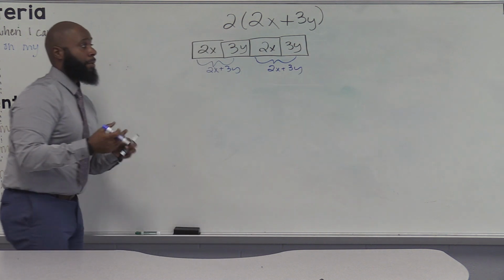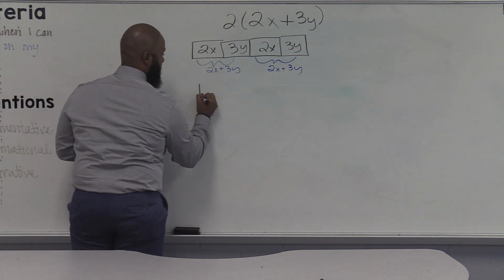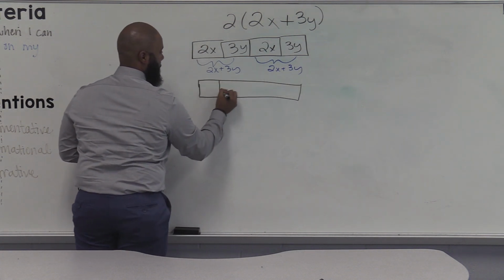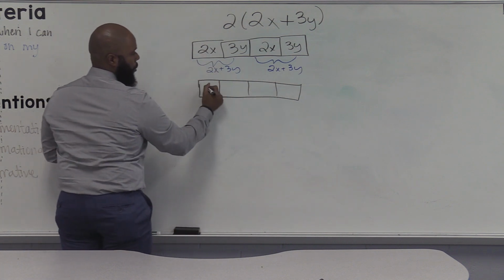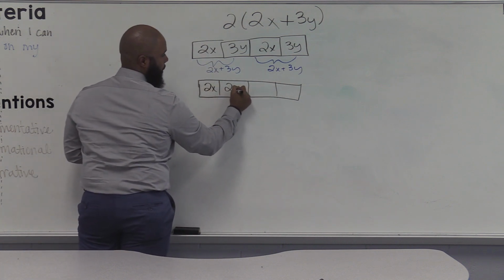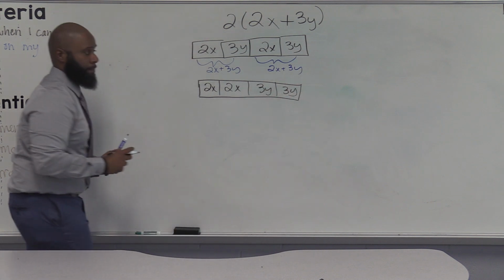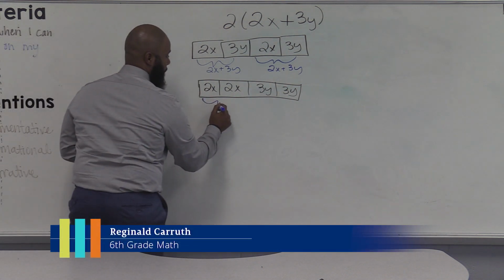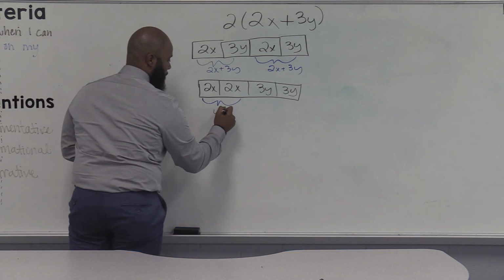I can. I can bring my x's together and my y's together to create 2x, 2x, 3y, 3y. So now that I can combine those, I know I have 2x plus 2x, which is going to give me 4x's.